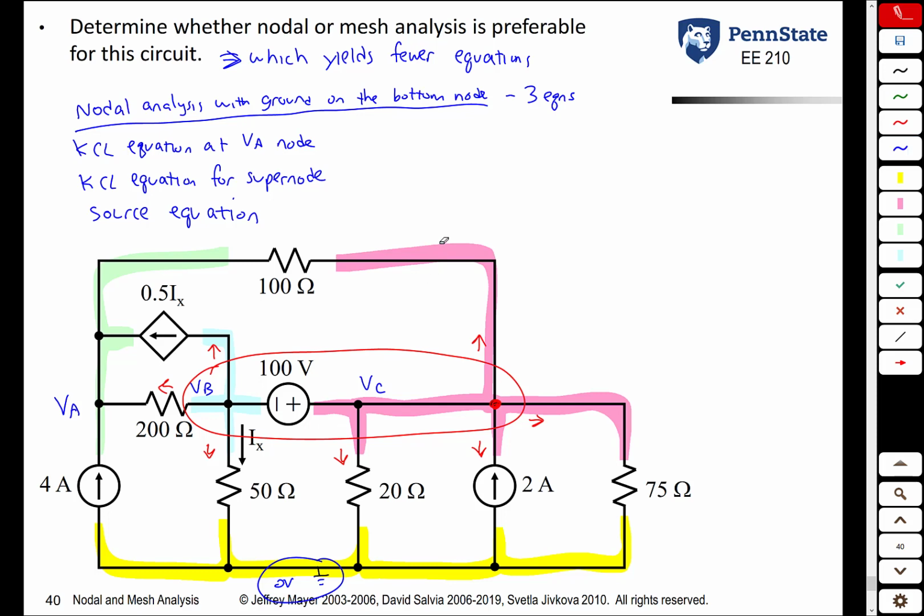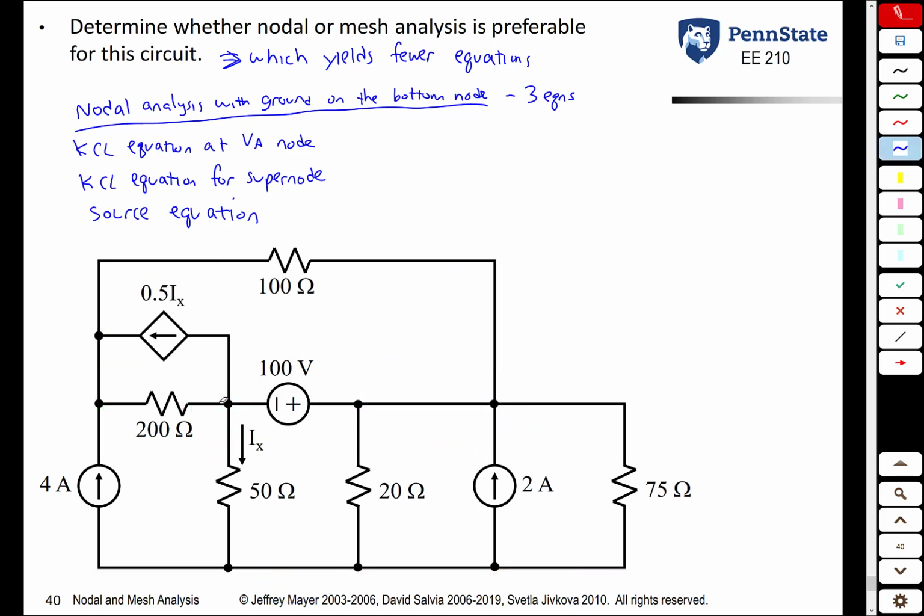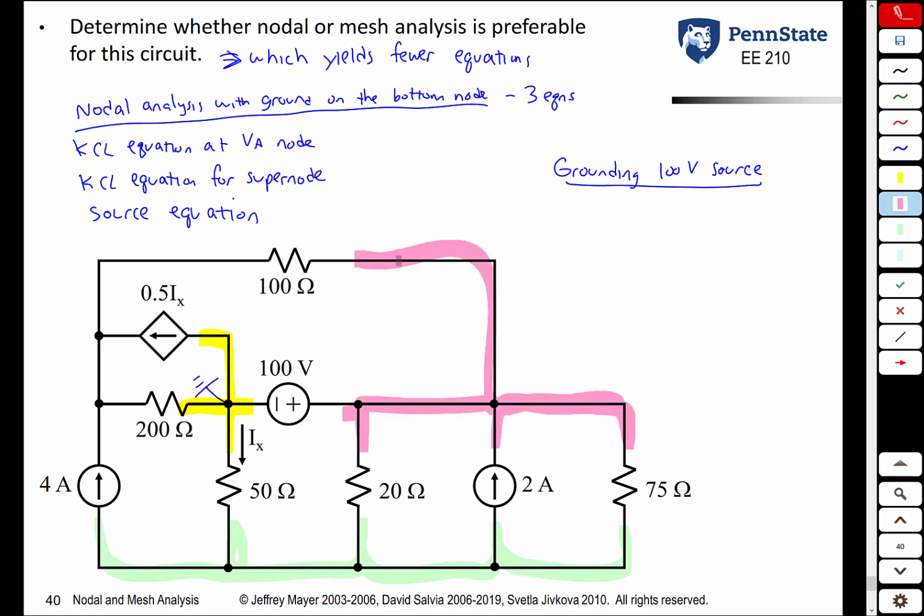I'm going to erase all this now and see what happens if we put ground somewhere else. If we ground the 100-volt source, let's see what happens. So now let's put ground there. So once again, let's identify our nodes. There's a node there, a node there, one there, and one here.